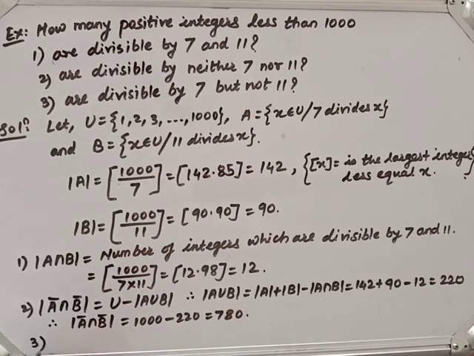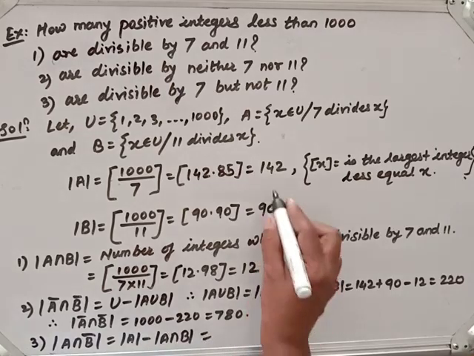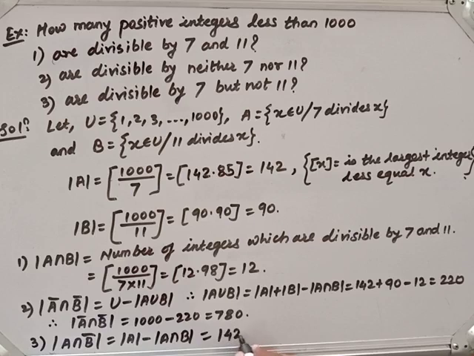Now what is the third one? The third one is divisible by 7 but not 11. So divisible by 7 means this is the cardinality of A intersection not 11, so intersection with B complement. That is nothing but the cardinality of A minus the cardinality of A intersection B. What is the cardinality of A? 142 minus this one, 12.